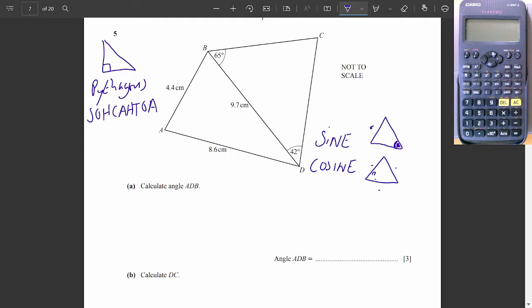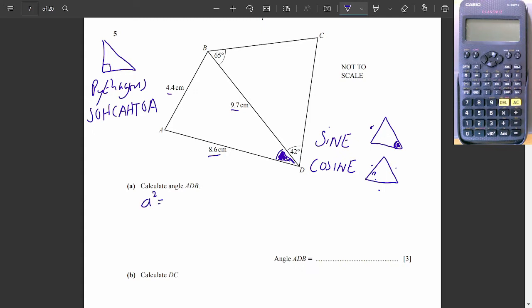In question A, calculate angle ADB. ADB will be this angle over here, which we want to calculate. Okay, what do we have in this triangle? We've got 3 sides, meaning we are going to use the cosine rule, which is the following.